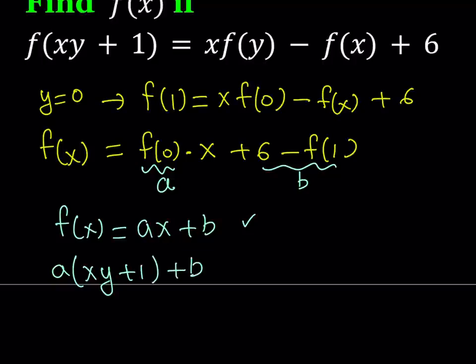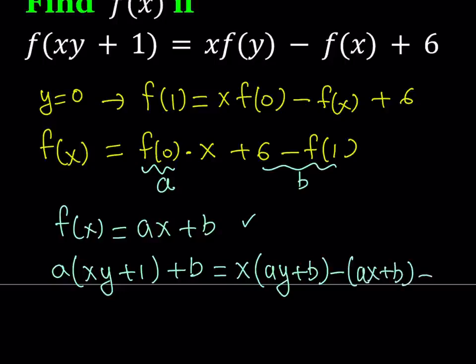I should use parentheses there. That is f of xy plus 1. Now the right hand side gives me x times f of y. f of y is ay plus b, because f of x is ax plus b, so we can replace x with y. And then minus f of x, which is ax plus b, as that was our assumption, plus 6.